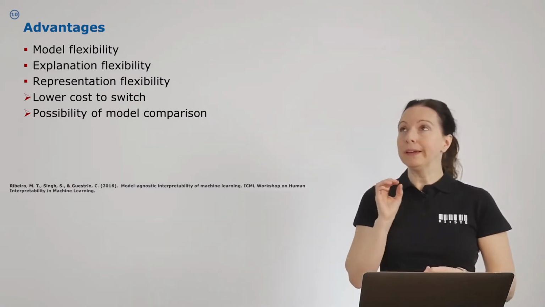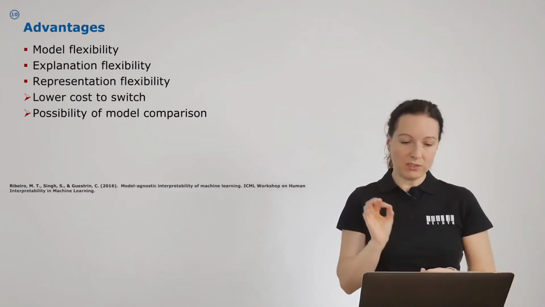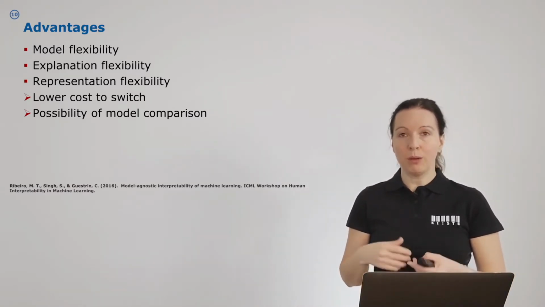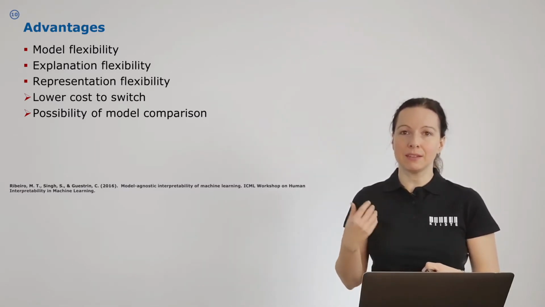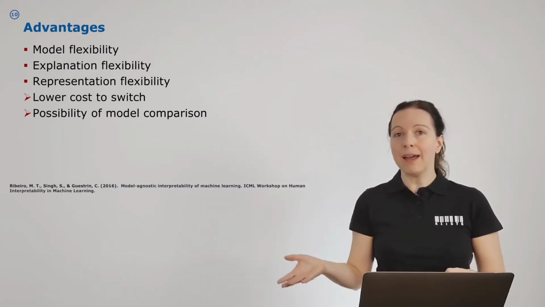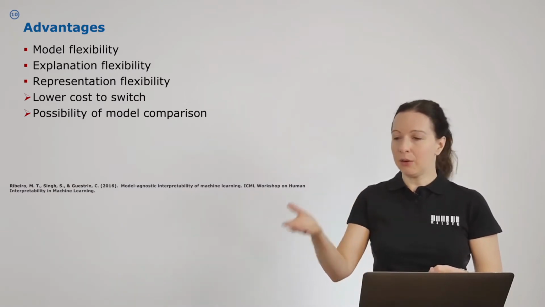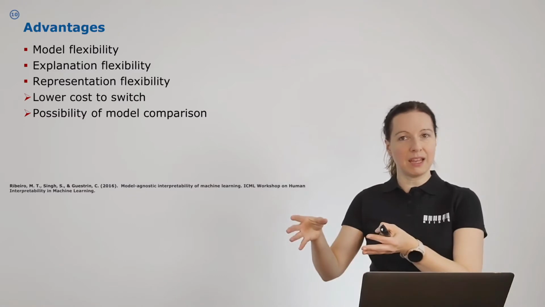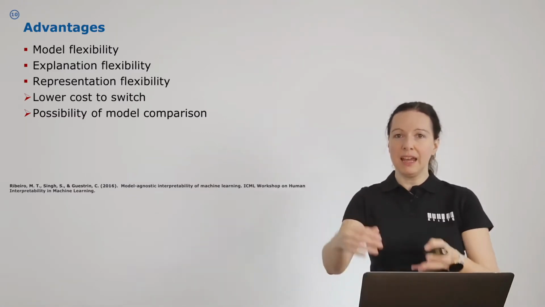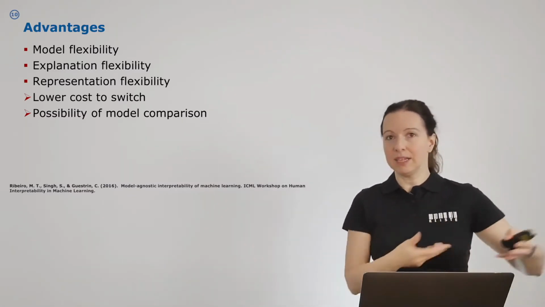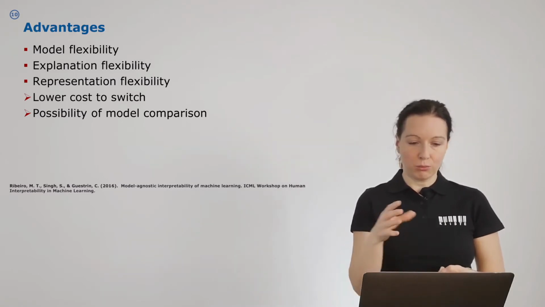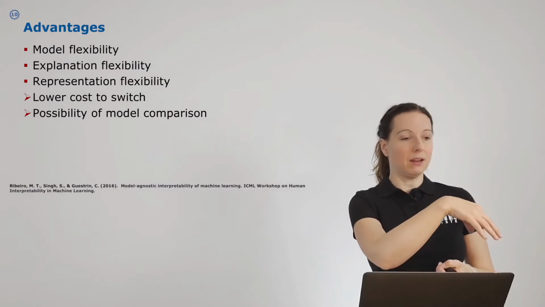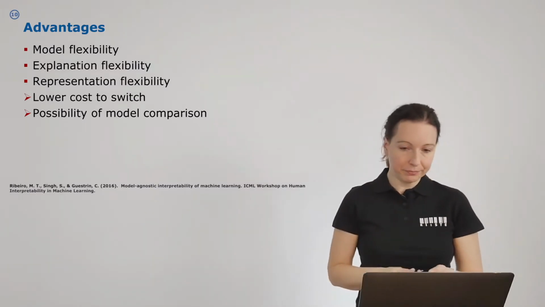I will give one specific example in the next lecture when we talk about heat mapping, a procedure called LIME. Here we work with a surrogate model, so we have a different representation which we use for the interpretation, and then the actual model used for solving the classification task.